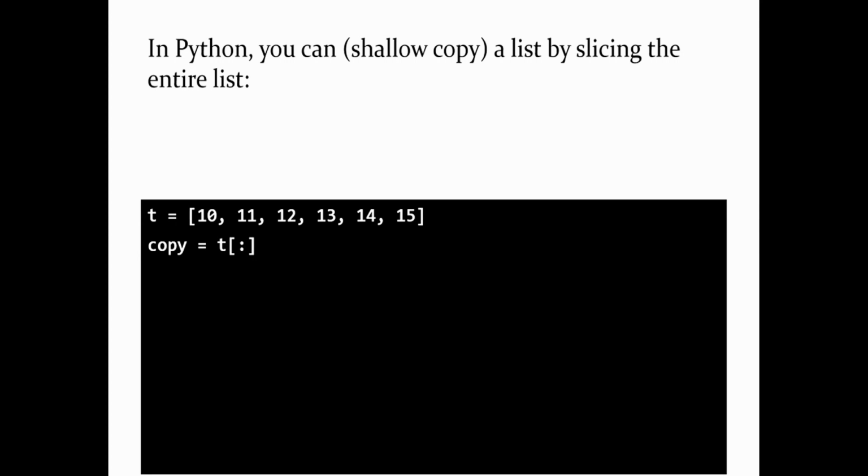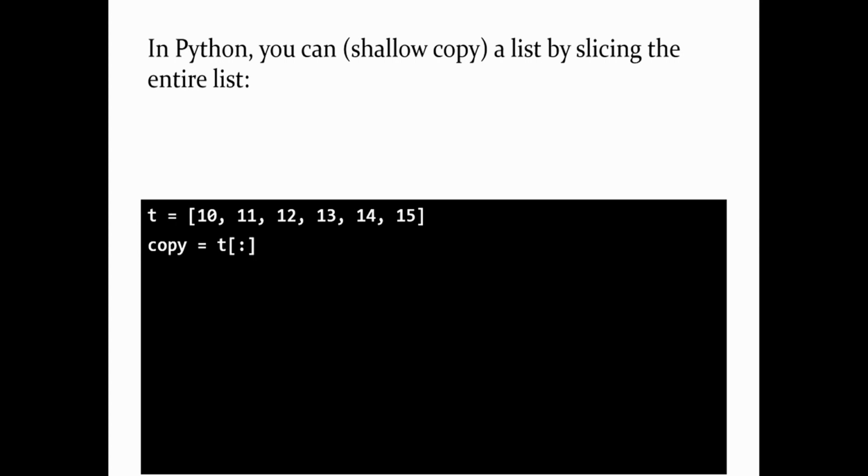You've got two lists. They both contain the same things, or they both contain references to the same object. So the 10 that's in list T corresponds to the same object that's in list copy. The 11 that's in list T corresponds to the same object that's in list copy. So you don't actually end up with independent values 10, 11, 12, 13, 14, and 15 in Python.